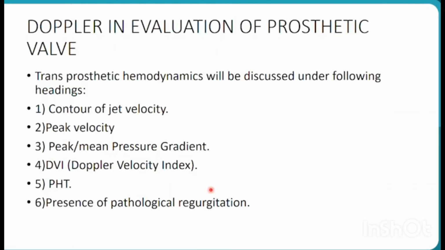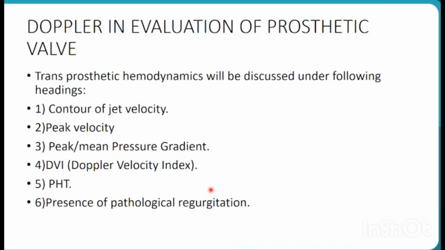So coming to the echo evaluation using Doppler parameters. As stated earlier, this can be studied under the following 6 headings: the contour of the jet velocity, whether it is tongue shaped or triangular, and the peak velocity. There are cutoffs for each one of them.